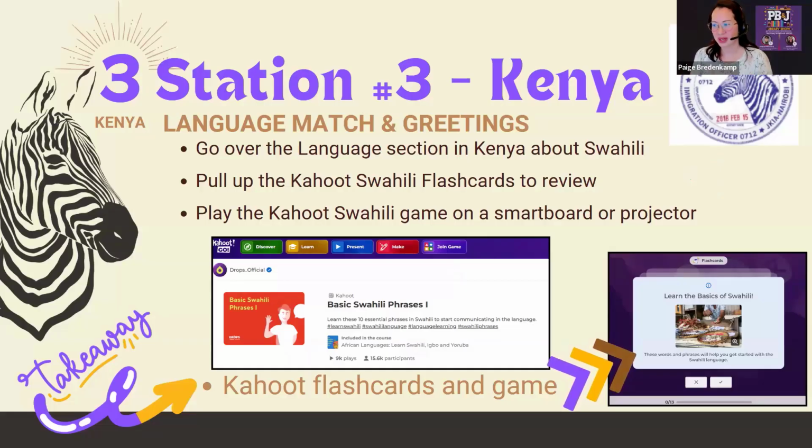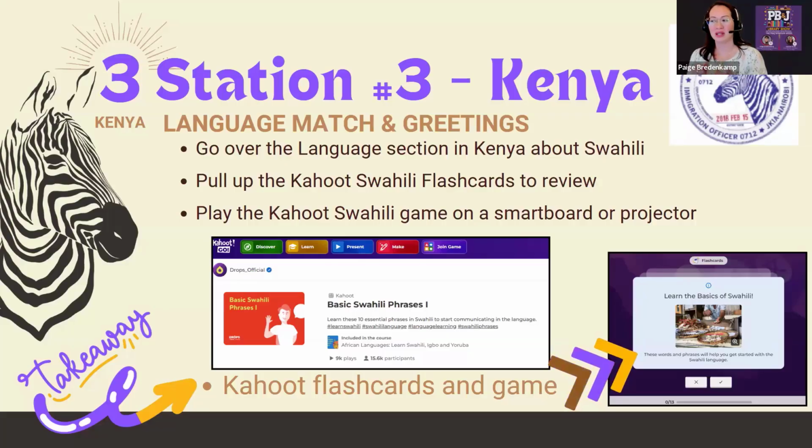For those of you that don't know what Kahoot is or that are unfamiliar with it, it's a pre-made, do you say database? Pre-made like website. And you can type in anything. Like you can do Disney princesses and it'll pull up flashcards and pre-made games for Disney princesses, in our case, Swahili phrases.